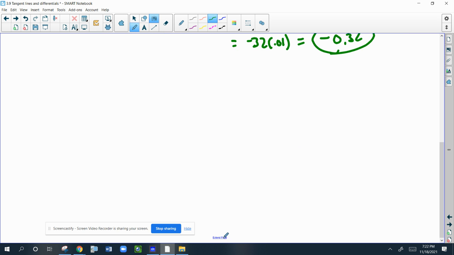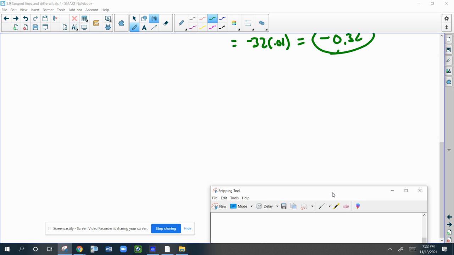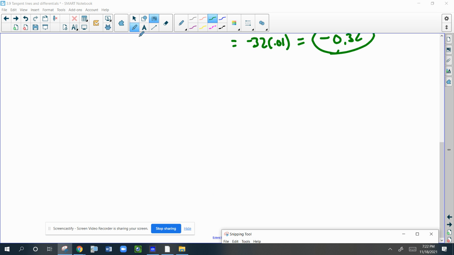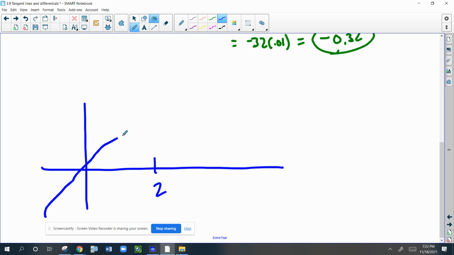What we're doing, and this is not this graph, what we're really doing is this. If you look at a graph and say it's at 2, just like we're doing right here. So here's the graph. And at 2, you drew a tangent line, just like we did when we were doing the tangent line.